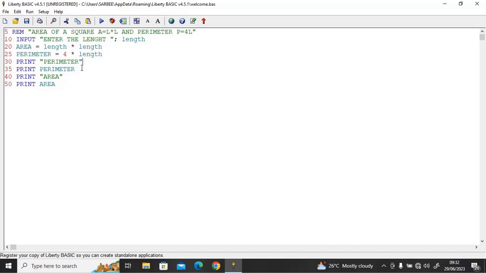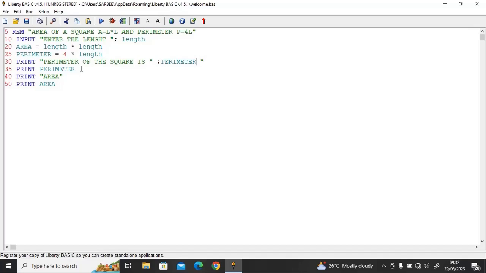So I don't want to do this again. It's horrible like this. So why can't I make it like this? I can say print, perimeter of the square is, then you put a curly bracket, then perimeter.